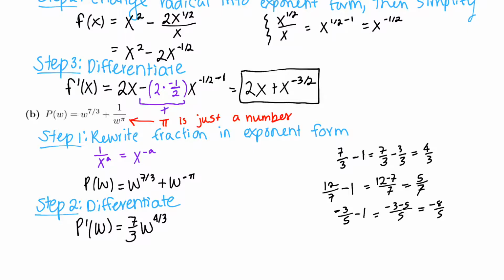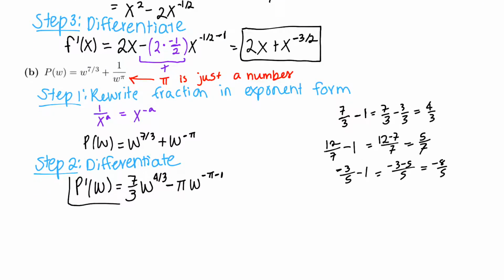All right, for this next one, taking the negative pi down, we'll have negative pi w, and then we have negative pi minus 1, but we can't simplify that anymore because pi is just a number. That's already as simple as it can get.